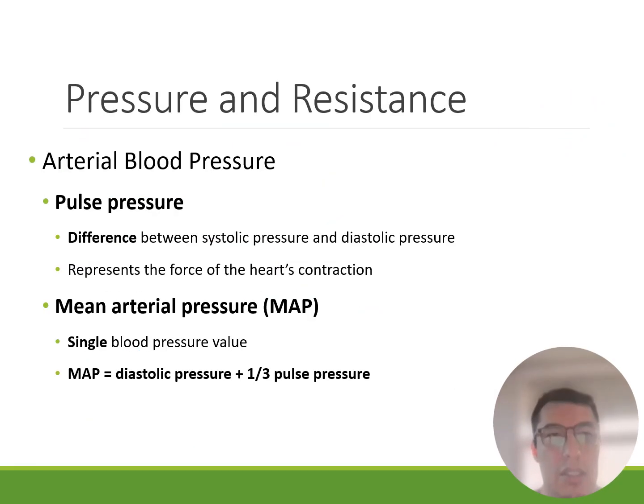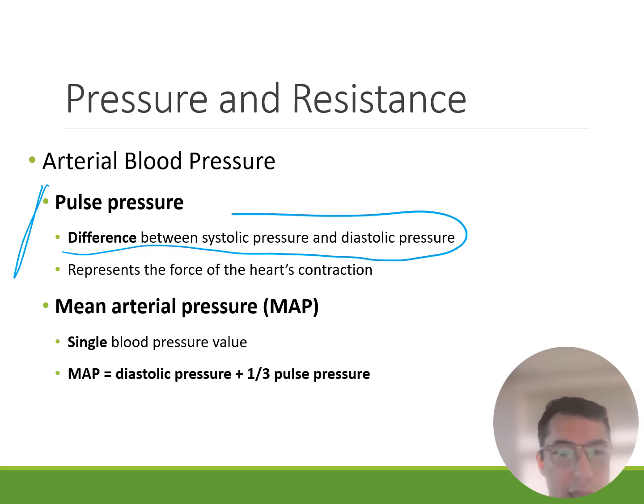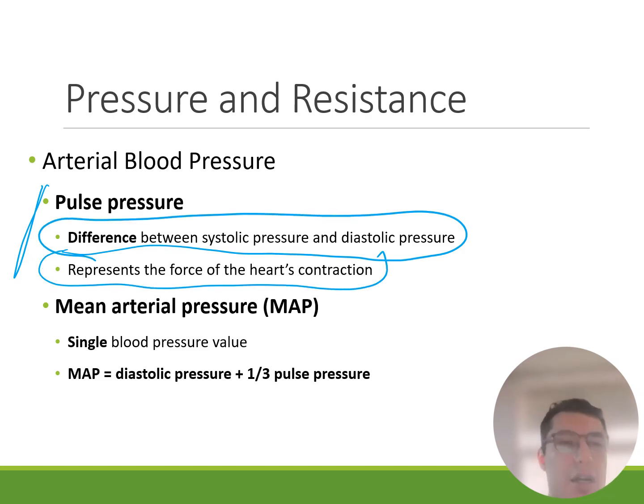Pressure and resistance. We have a few more concepts as we go back into that discussion of blood pressure. We have pulse pressure, which is the difference between systolic pressure and diastolic pressure, and this represents the force of the heart contraction.